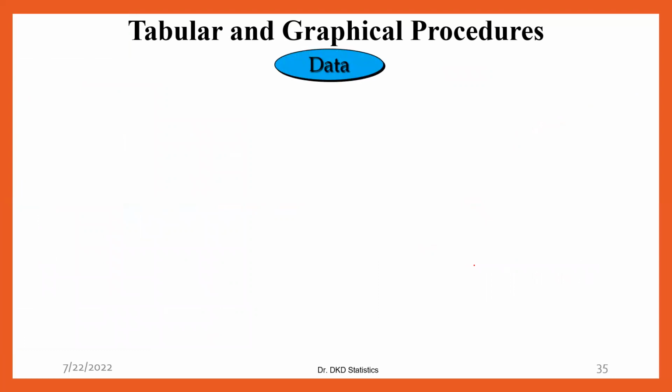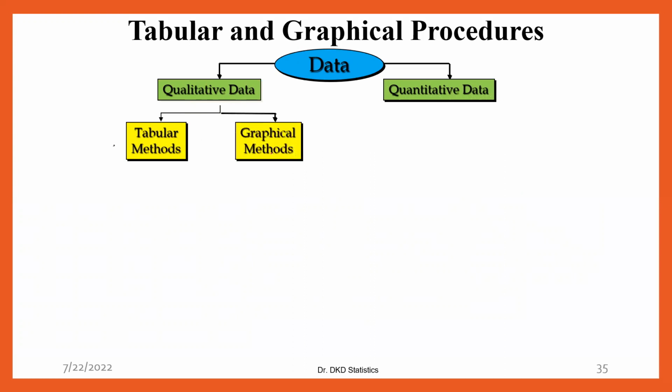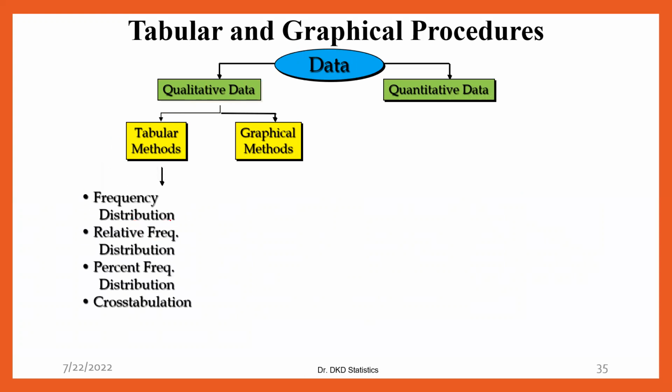One summary point we need to understand. Data is categorized in two parts, qualitative and quantitative. If we have qualitative data, we can use tabular methods and graphical methods. In tabular methods we can calculate frequency distribution, relative frequency distribution, percent frequency distribution, and cross tabulation.